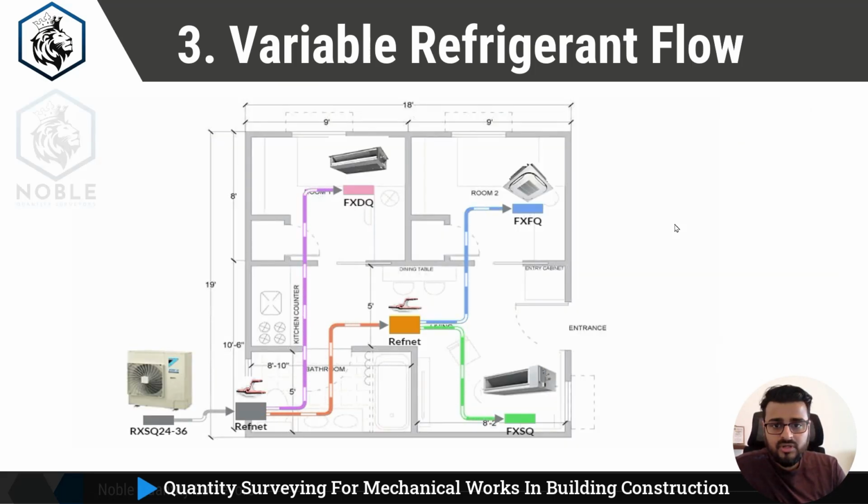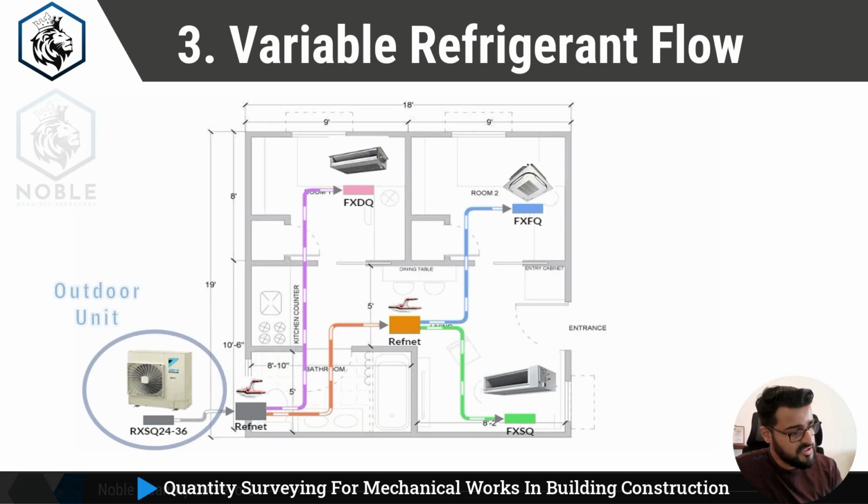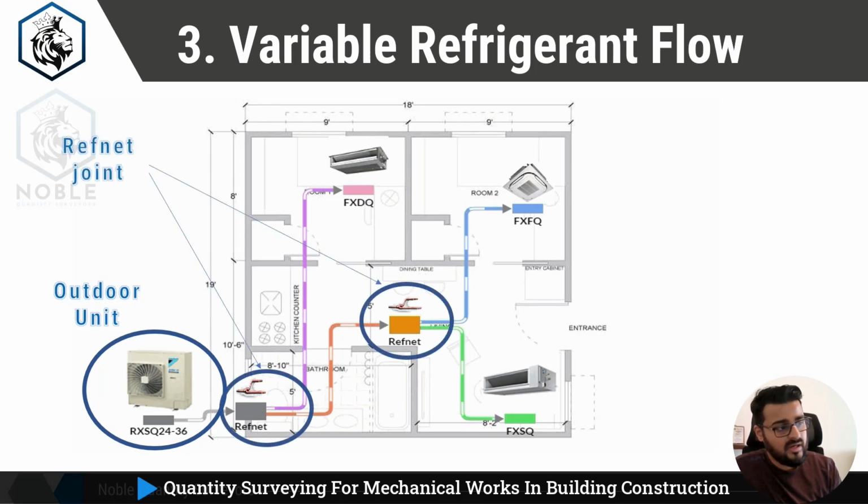So this is how a simplified version of a variable refrigerant flow looks, in which this will be an outdoor unit, okay, and these are the indoor units, which are connected with these REFNET joints. Okay, from this outdoor unit the refrigerant flows to and from the indoor units.